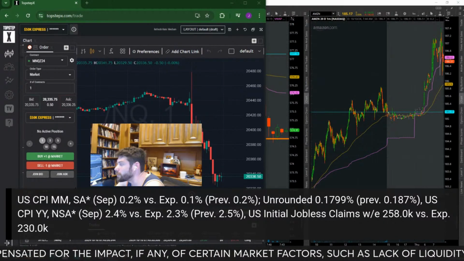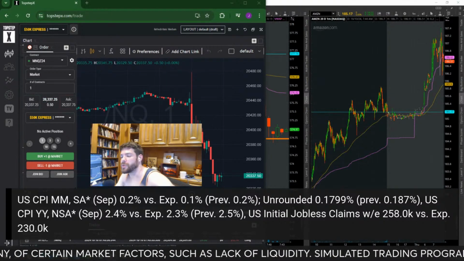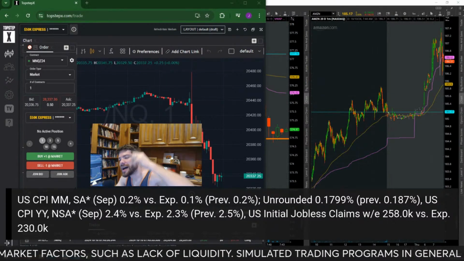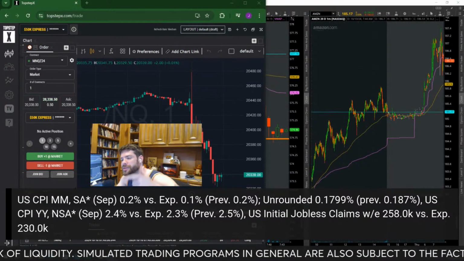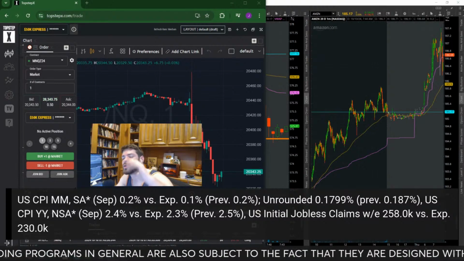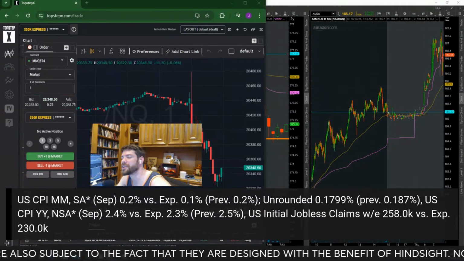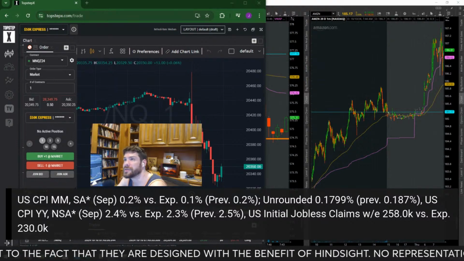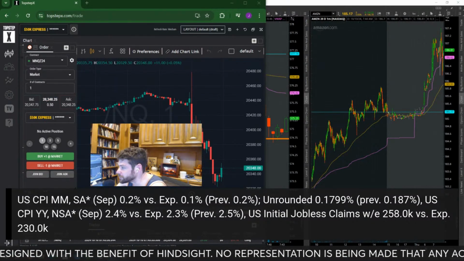So what we saw from this report, chat, is higher inflation data, CPI higher than expected year over year, CPI higher than expected month to month, as well as more people filing for unemployment. Universally, I would say none of this stuff is good. None of the reports today were beneficial. Inflation data was hot and unemployment was higher.